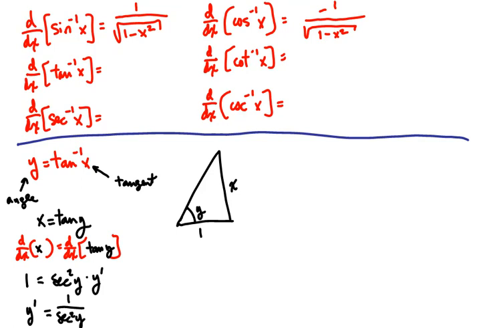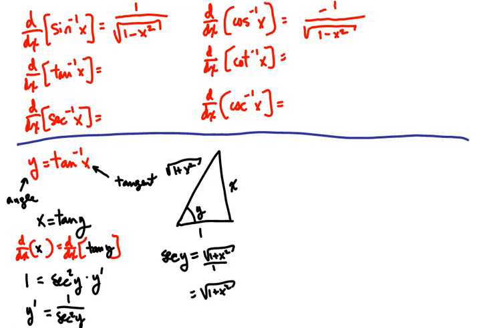Then using the Pythagorean theorem, we get that the hypotenuse is the square root of 1 plus x squared. And now we're ready to convert. Well, we need the secant of y. And the secant is 1 over the cosine. If the cosine is the adjacent over the hypotenuse, then the secant is the hypotenuse over the adjacent.